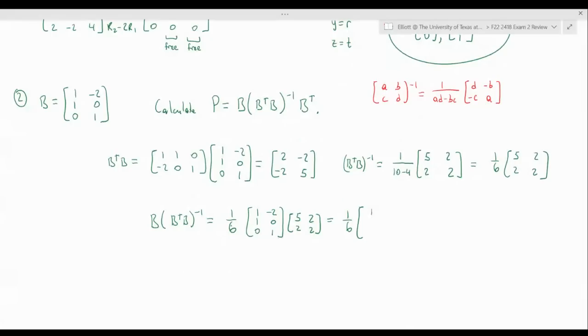So I'm just going to multiply this out, and that will finish the example. And I'll end my review with that. 12 there, I think, and this is 3, 8, 12, and 6.